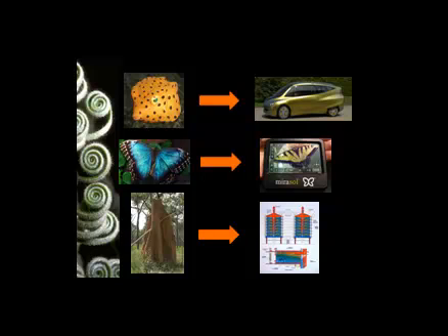So examples, we talked about the Bionic car by Mercedes that was inspired by both the shape and the internal structure of the boxfish.